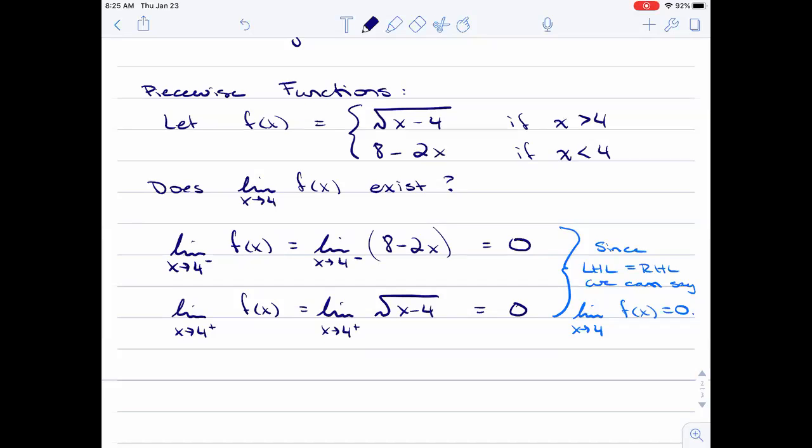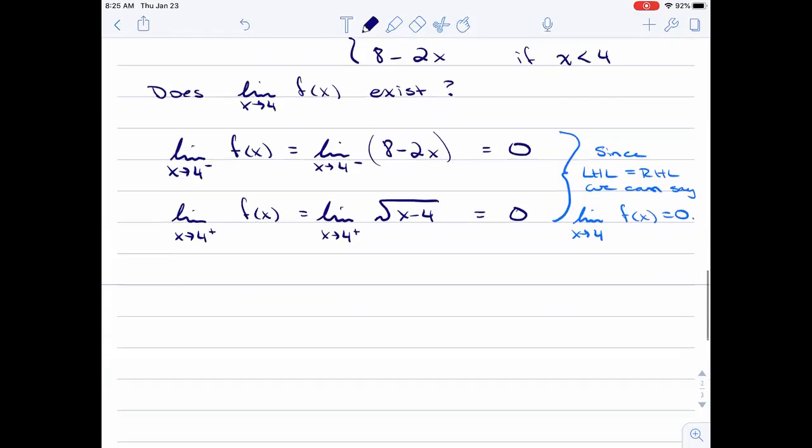But as long as you know that if x is greater than 4, sorry, I mixed them up, if x is greater than 4, then you've got this square root function, right? If x is less than 4, then you've got this straight line, right?